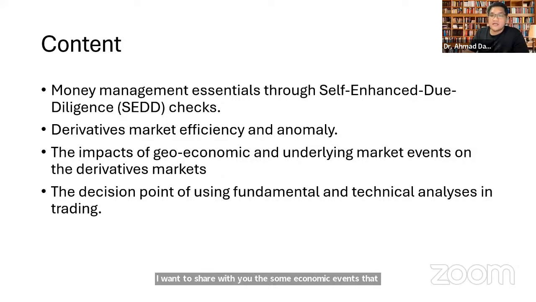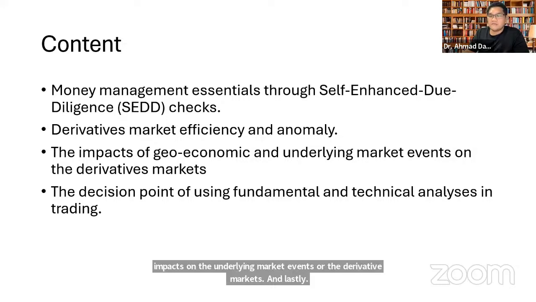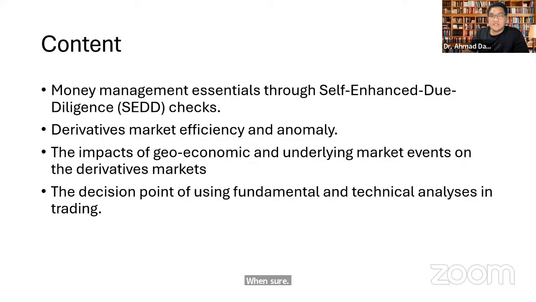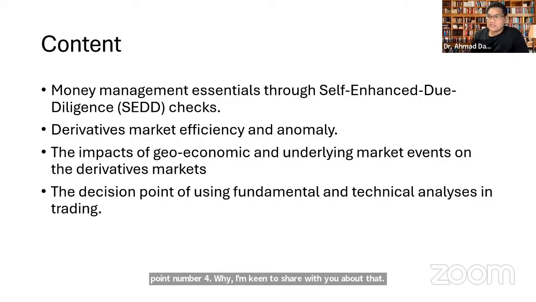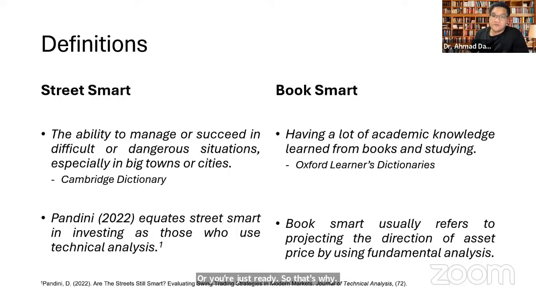And lastly, when the preferred time is for the decision point of using FA and TA in futures trading. Why am I keen to share point number four? Whatever the TA or FA you are using in stock trading is probably less appealing for futures trading. So that's why I'm sharing what would be the preferred way for you to trade futures.